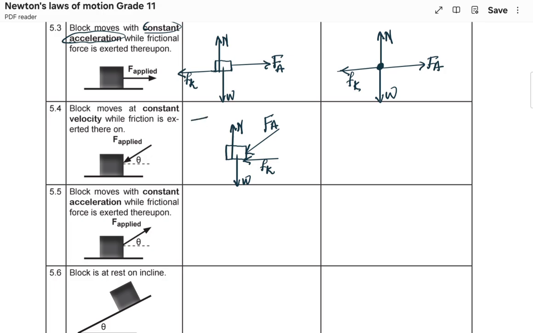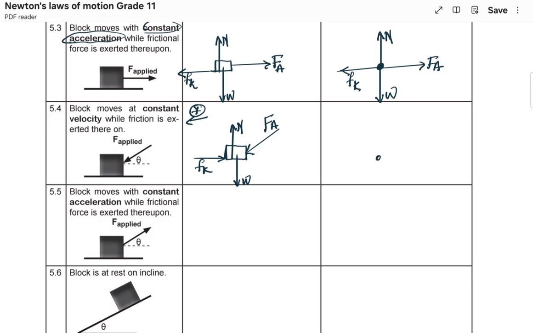The object moves to the right, friction has to oppose the motion. So my friction would be acting to this side, this is the kinetic frictional force. It must touch the box.